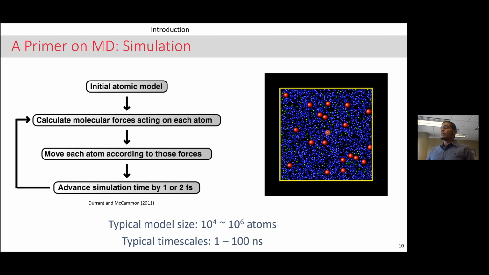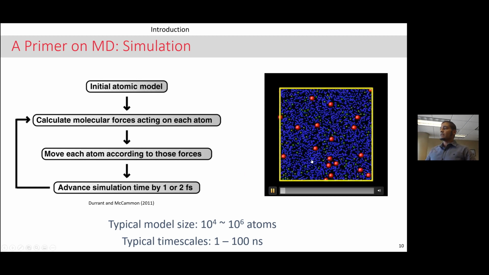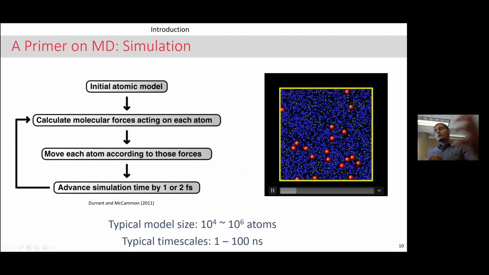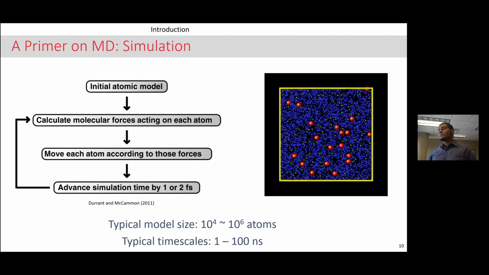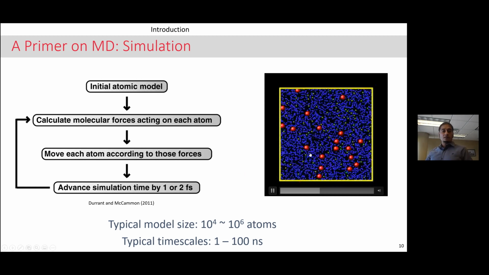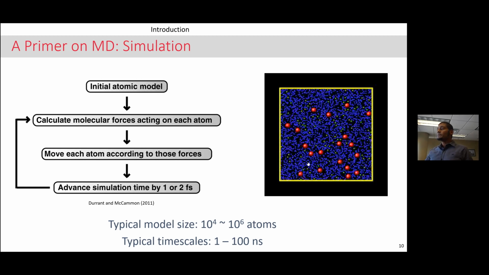And if I were to show you what would happen if I run this simulation, you can see the atoms are just moving around. They're moving around because this atom over here, where I'm pointing, is being acted upon by the forces exerted upon it by the surrounding atoms.